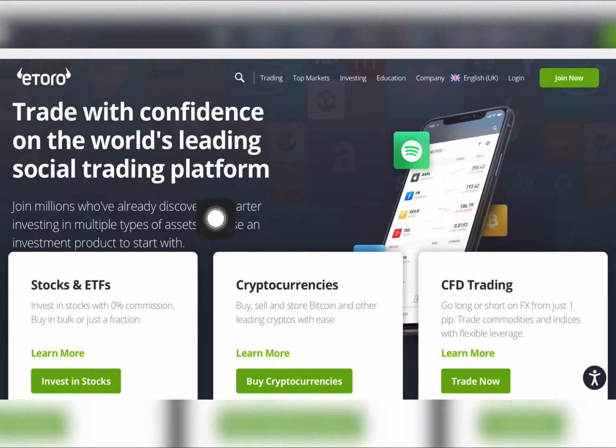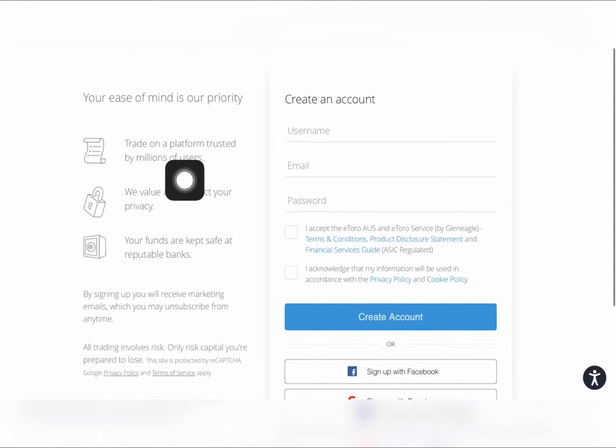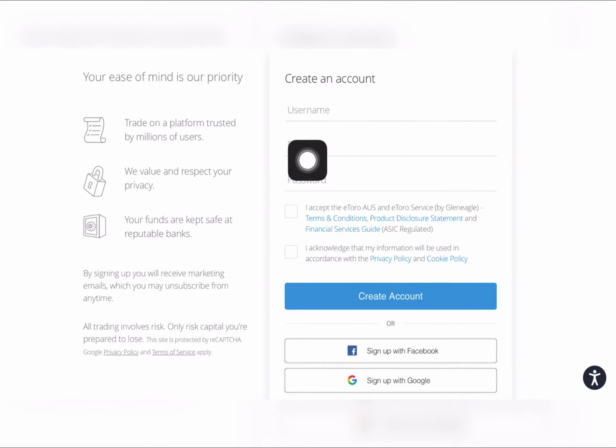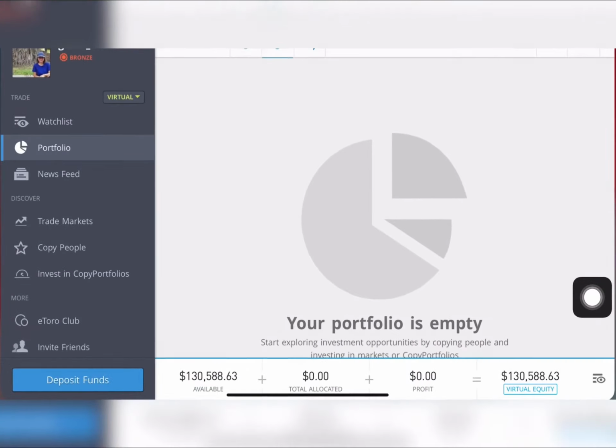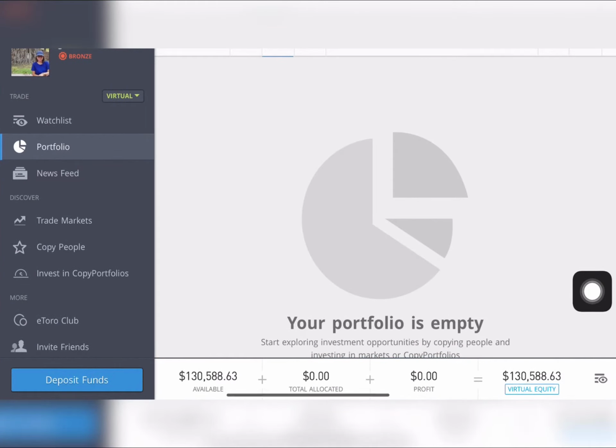For example, you're now ready, you're excited, you want to join, just click join now and fill in all of this form. Click I accept and then create account. Then that's it, you're already registered. Now let's go to your main portfolio.